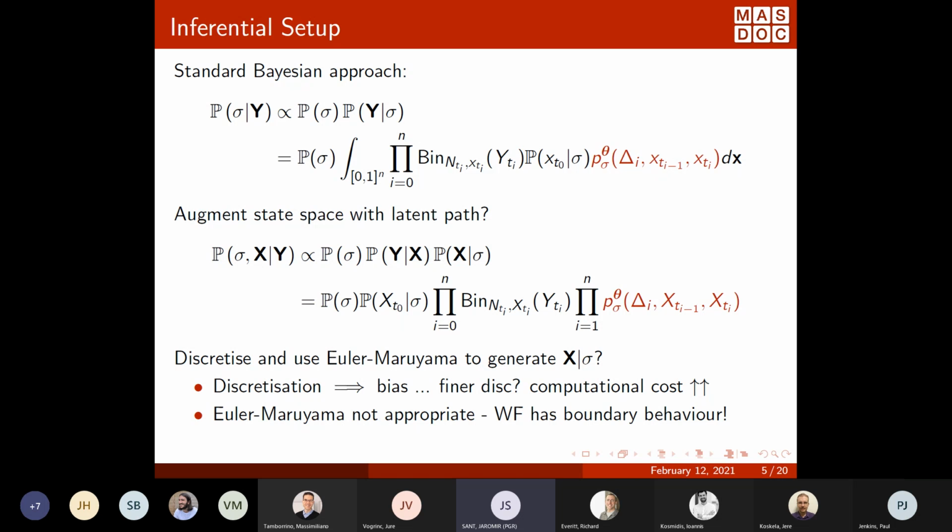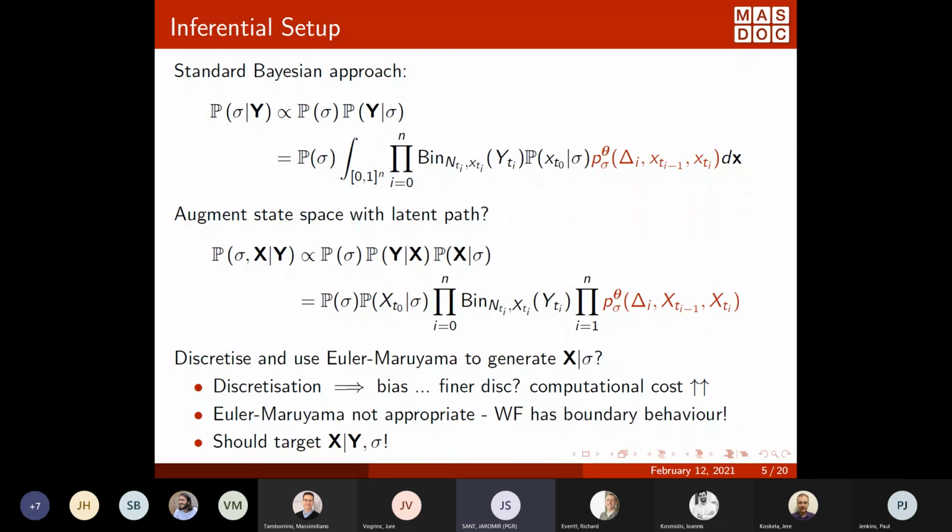And something you cannot fix by using these reflecting Euler-Maruyama proposals is the fact that you should actually be targeting X given your data and the parameter, not just X given the parameter, because otherwise there's some information in the data that you're not utilizing to its full extent.